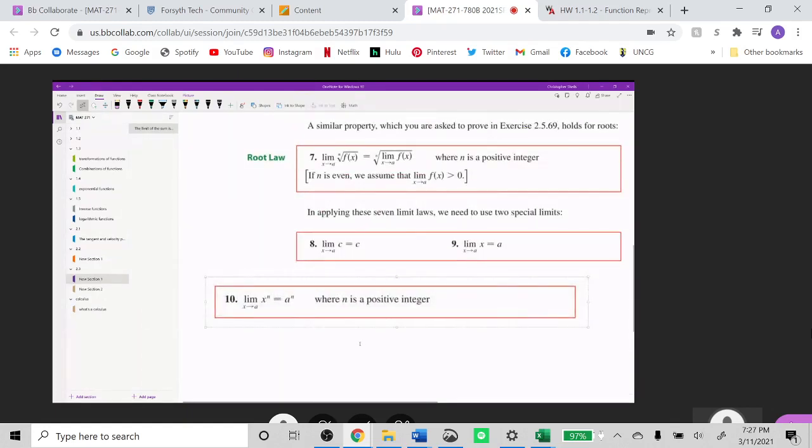The limit of x to the n power as x approaches a is just a to the n, where n is a positive integer. This is a result of the power law and number 9 here.